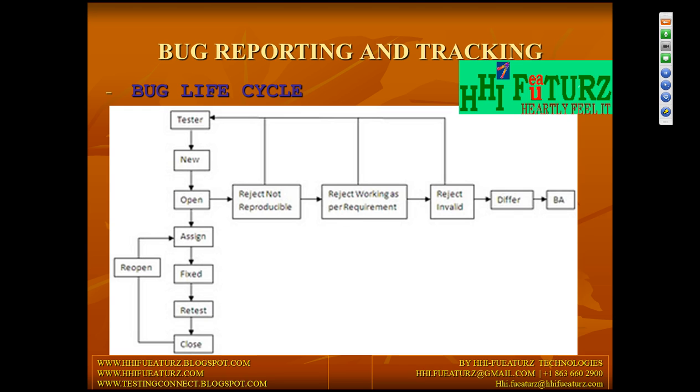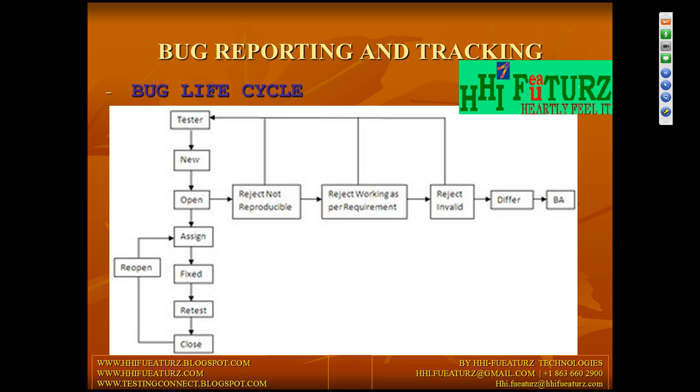Then he will change the status again to retest. Remember, whatever status changes or changes happen for that bug, it will automatically send out an email. Even when you add a comment, it automatically sends an email.